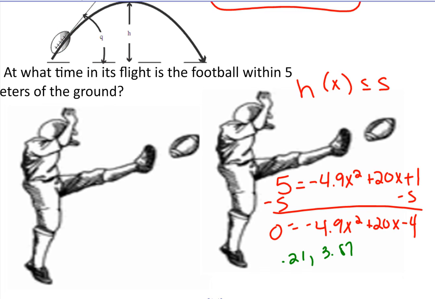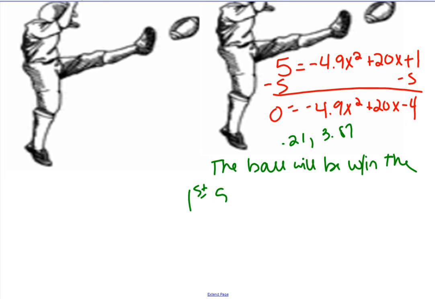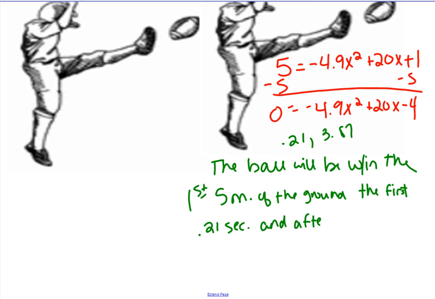So I would say, because I want to write it a little bit more in sentence form, the ball will be within the first 5 meters of the ground the first 0.21 seconds, and after 3.87 seconds.